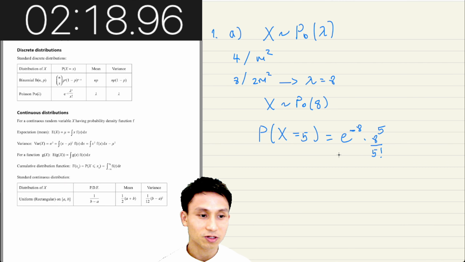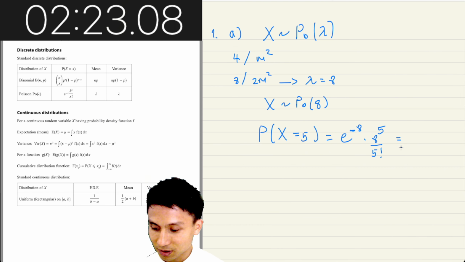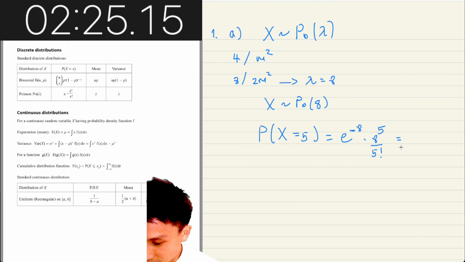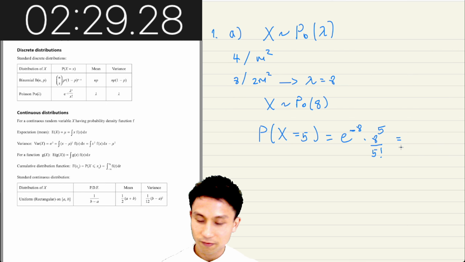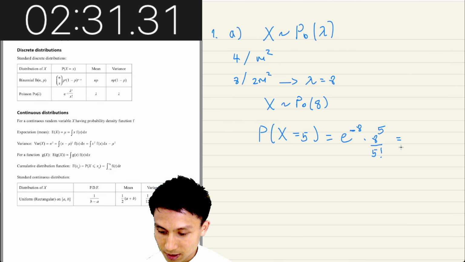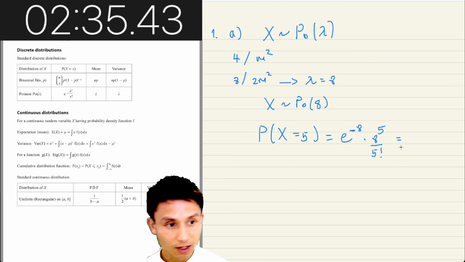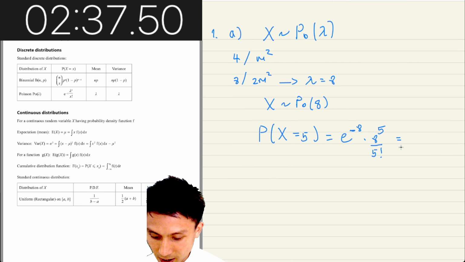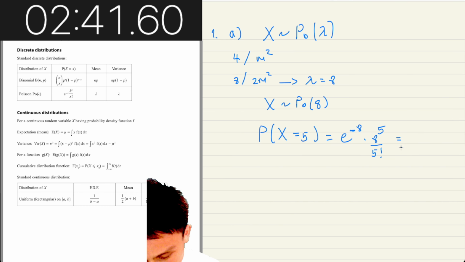Okay, and then we're just going to calculate the probability of that. Calculator. Okay, so fraction. E, where's e? E to the power of minus 8. Then multiply by 8 to the 5, and then divided by 5 factorial. Where's factorial in here?